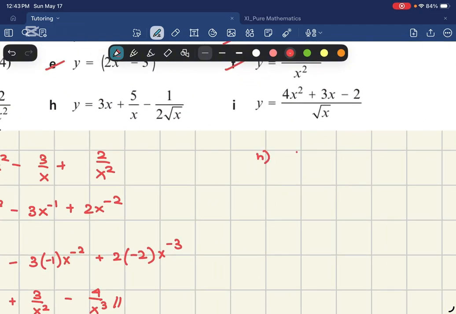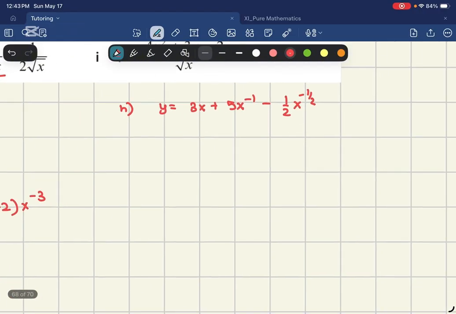H is very, very similar. You can write y is equal to 3x plus 5 to the power x minus 1 minus half x to the power half, right? That is how you can write the third term. And now you can just differentiate term-wise. So dy by dx, y dash is the same. 3 plus 5 times minus 1, x to the power minus 2, minus half times minus half, x to the power minus 3 by 2.